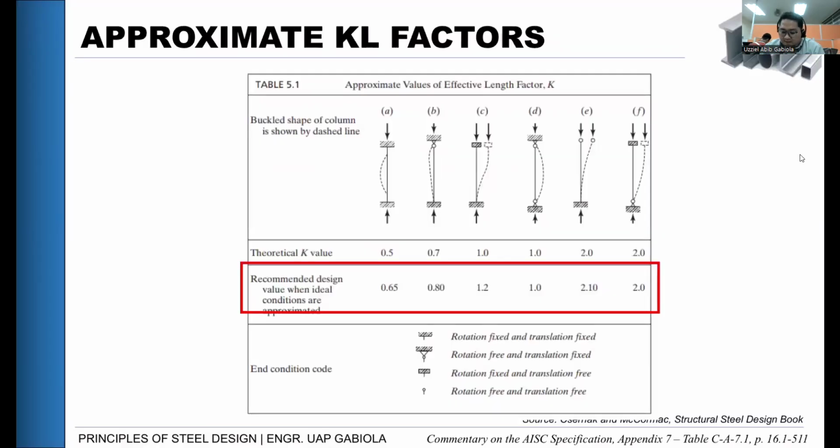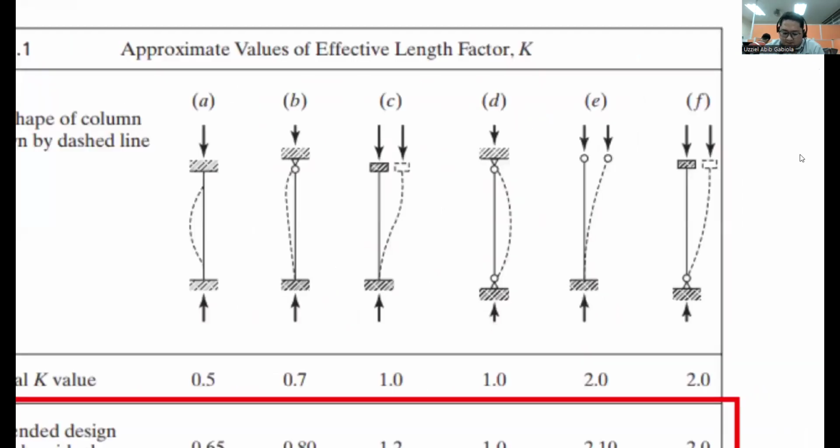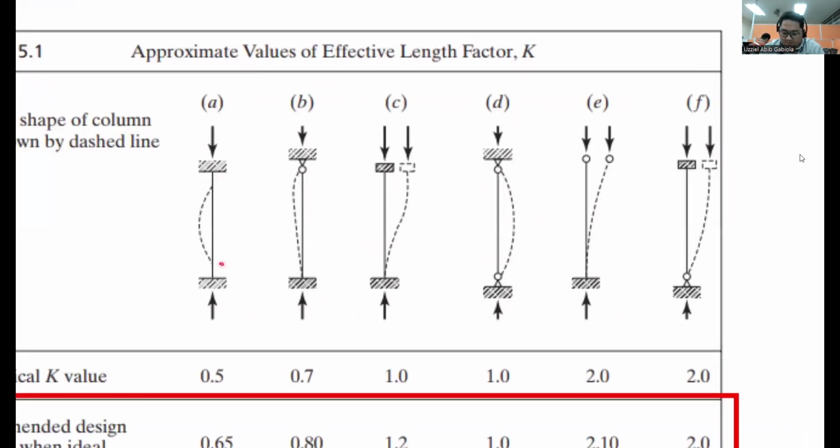So, ito yung mga iba't ibang condition natin. So, yung first one, we have a fix-fix. We have pin-fix. We have roller fix, pin-pin, and free fix, tsaka roller hinge. Okay? So, yung consideration natin original, ito yan. Letter D tayo.